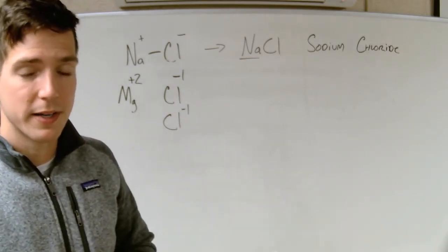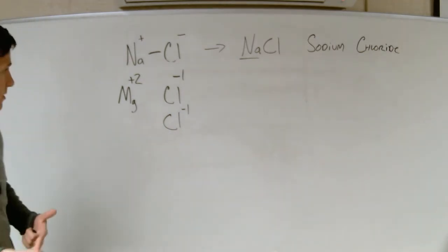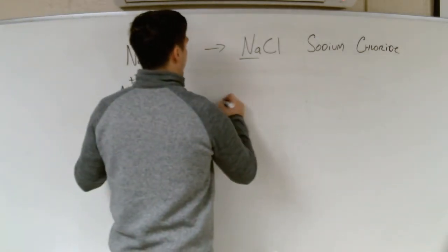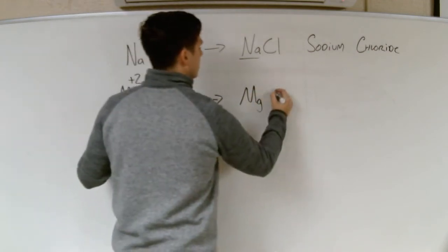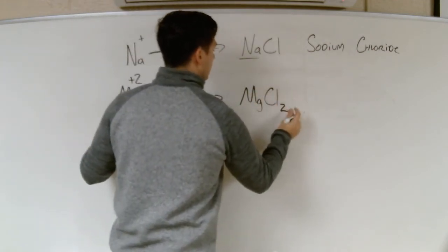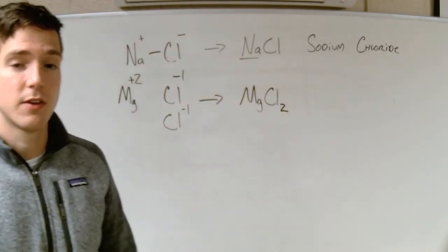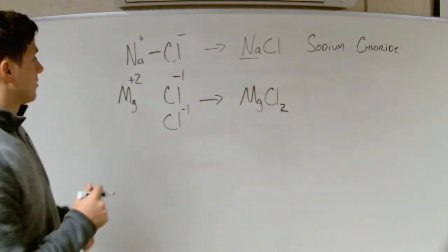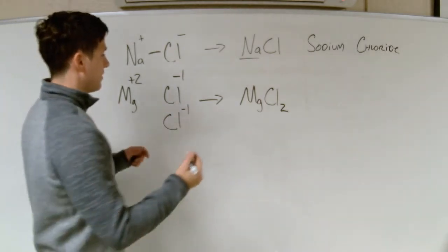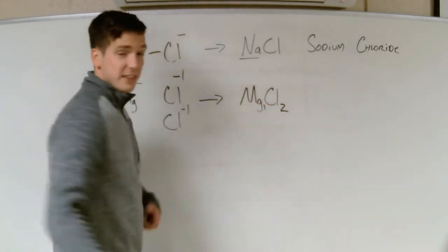When we combine these guys, we'll write it as MgCl2, where that 2 tells us that we have 2 chlorines. So we don't put a 1 here. There is an imaginary 1 there.